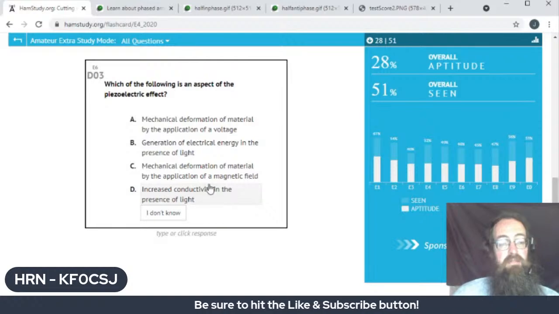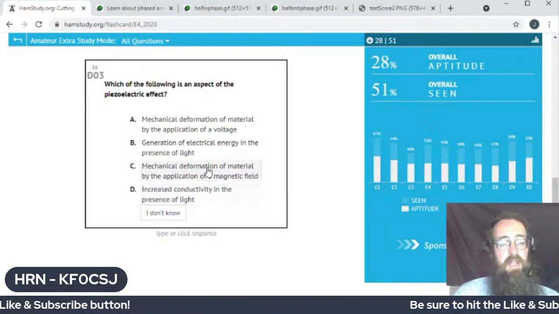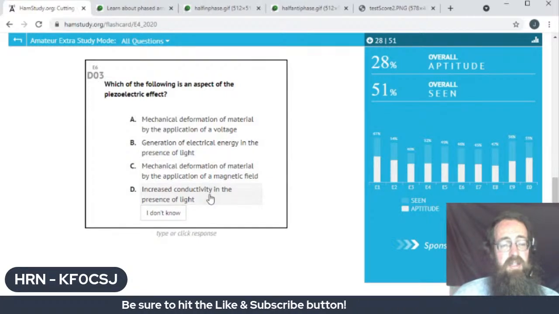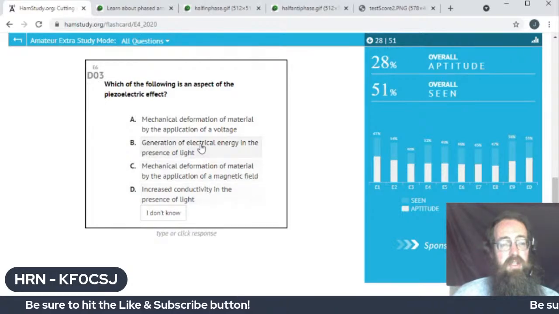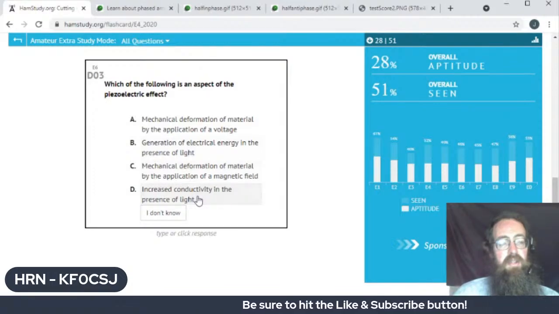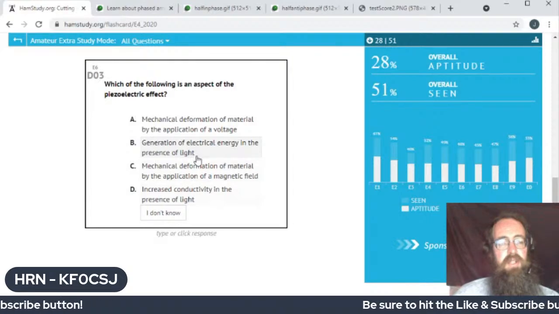Okay, it's talking about electric, so C's out, and both B and D are out. I know it's not B. That's photoelectric.